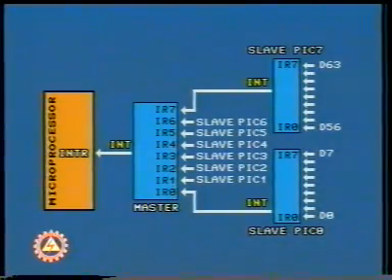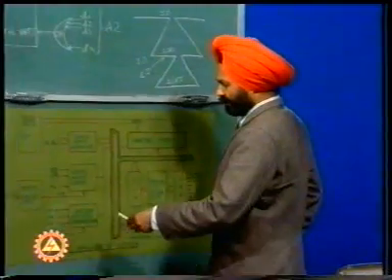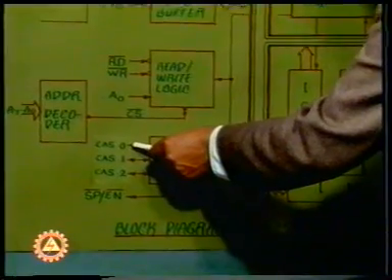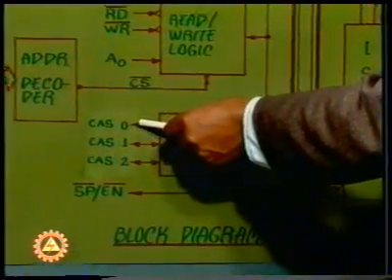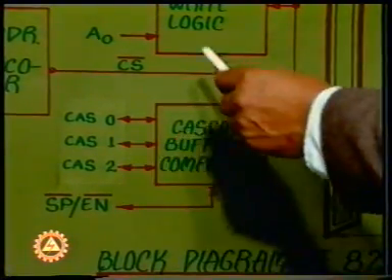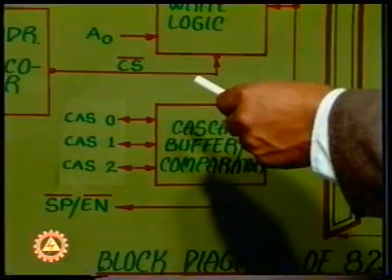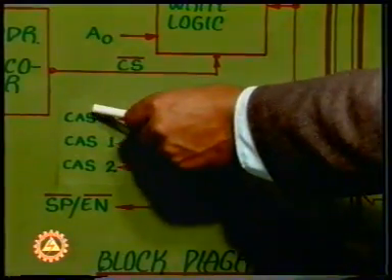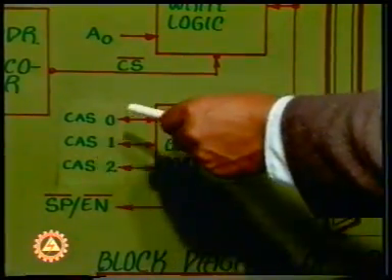The output from each of the slaves is connected to one of the interrupt input lines of the master. When the master has to address a slave, it sends a 3-bit address through CS lines CS0, CS1 and CS2. Correspondingly, the slave receives this 3-bit address through the corresponding CS lines.